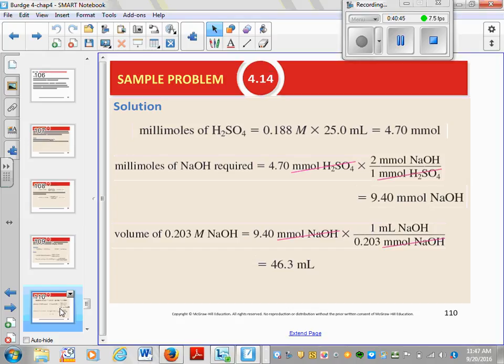But we're using twice as much volume of this than this. That makes perfect sense. Yes? No? Here, because we have two OHs here, that's 2 times 0.105, which is 0.21.